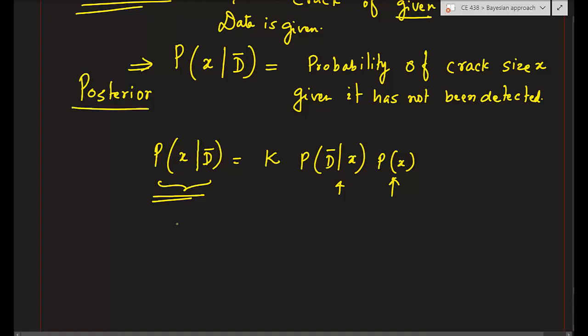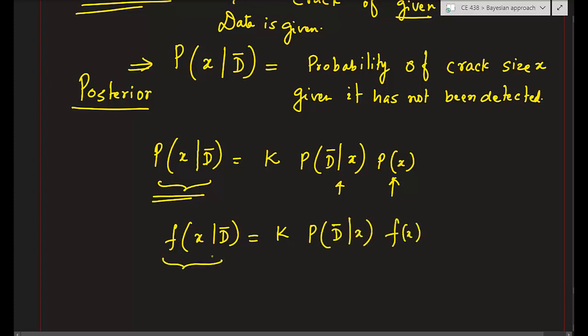So we can write f(x | d bar) equals k times the likelihood times f(x). This is the PDF of the posterior, and this is the PDF of the prior.